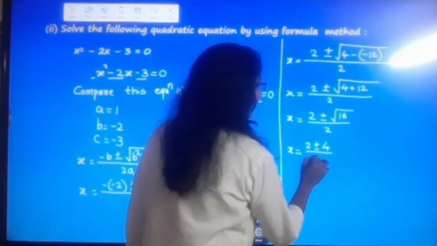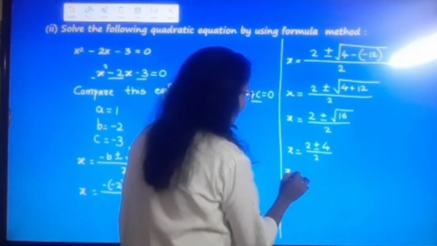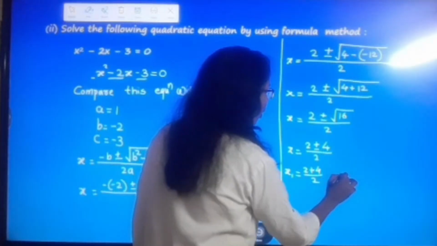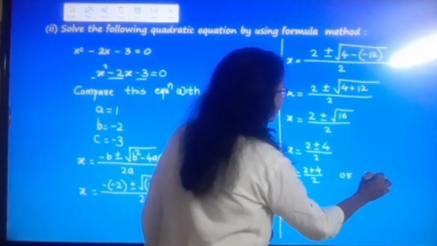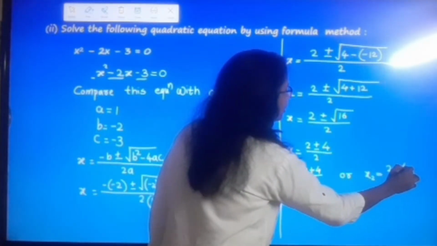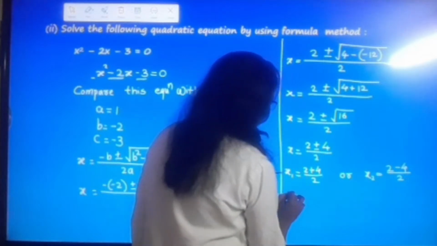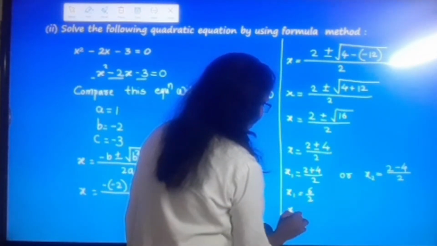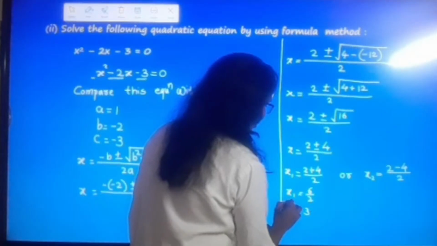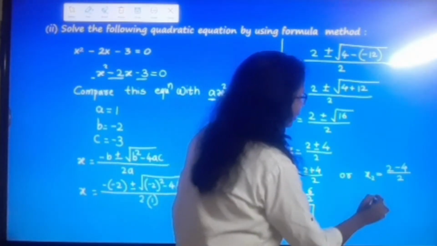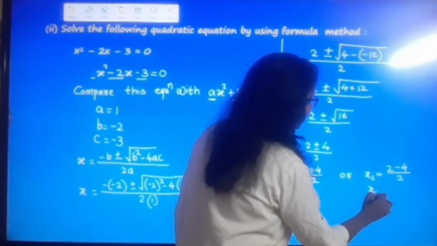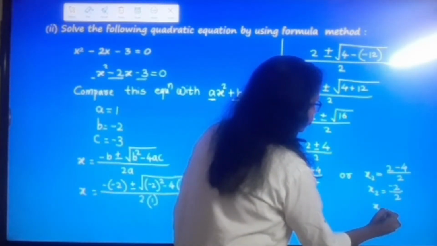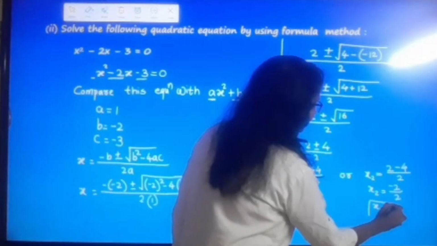So I separate it: x1 is equal to 2 plus 4 divided by 2, and x2 is equal to 2 minus 4 divided by 2. So x1 is equal to 6 upon 2, that means x1 is equal to 3, and the second one, x2, is equal to minus 2 upon 2, that means x2 is equal to minus 1.